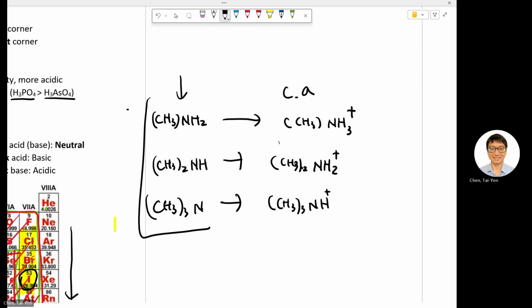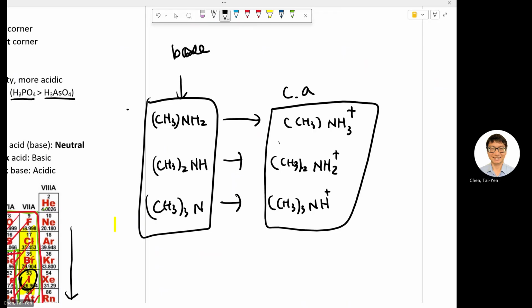this apparently is actually a base, right? How about this? Should that be acid or base? Acid. Okay. So why we call it conjugate acid is because it acts like an acid now. Okay. So why are these things actually confusing?